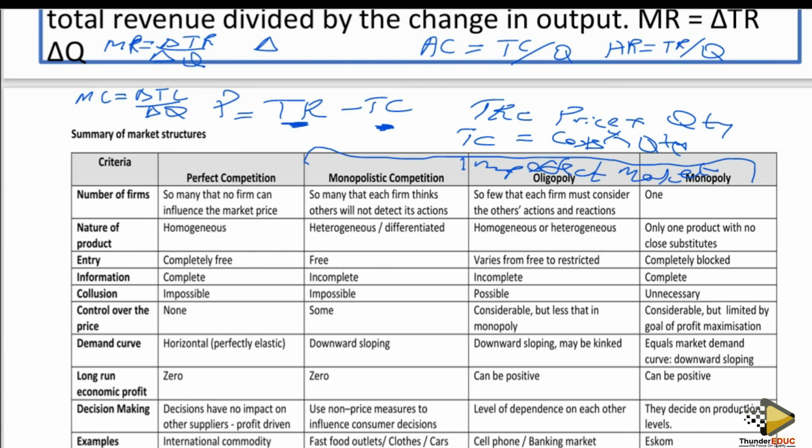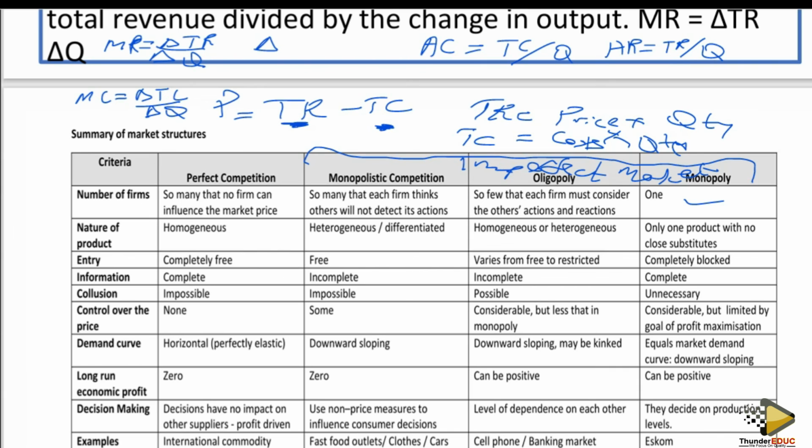Remember, here I gave examples of Pick n Pay, ShopRite and Checkers. Under oligopoly, there are so few firms that they must consider the others' actions and reactions. And monopoly, remember, I said, is one business in the market.